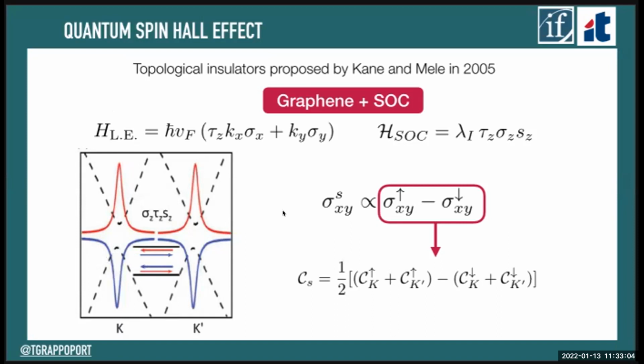If we do so, we can just sum the Chern number of K and K prime for spin up and subtract the Chern number of K and K prime for spin down. And we obtain what we call the spin Chern number, which can also characterize the topological phase in this system.